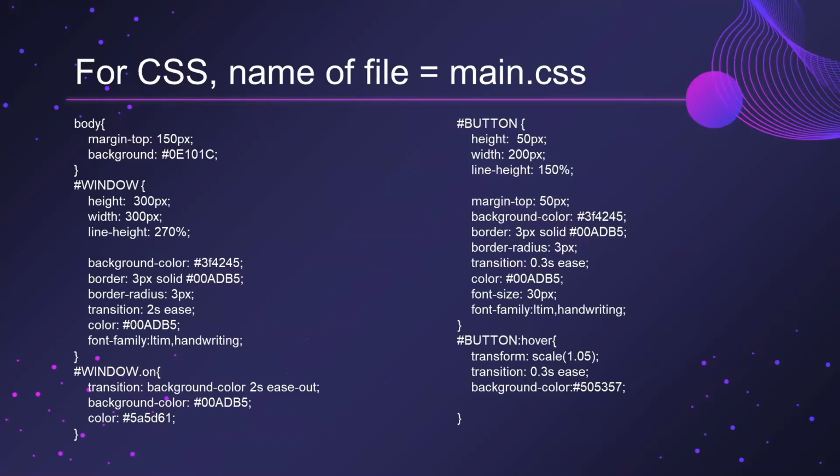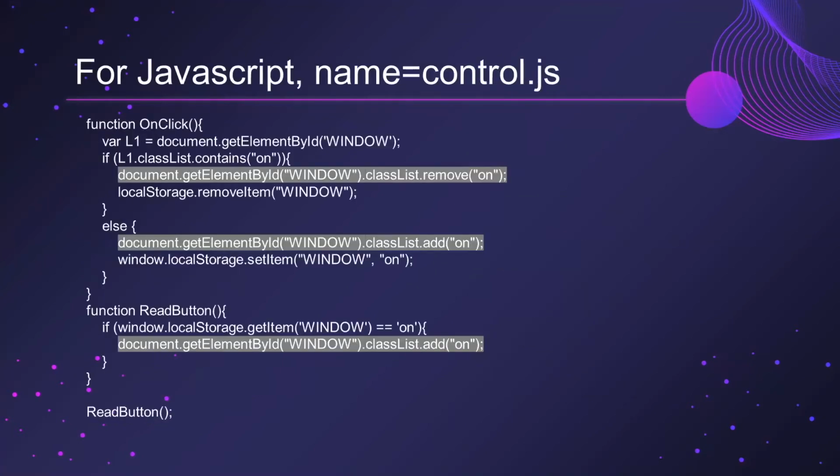Okay. Next, hashtag window dot on. What is this? A few of you have seen the JavaScript file, right? There, I've also mentioned something with the class name. I've already added a class list. What you see is that when you add a class list, it adds a class of on.